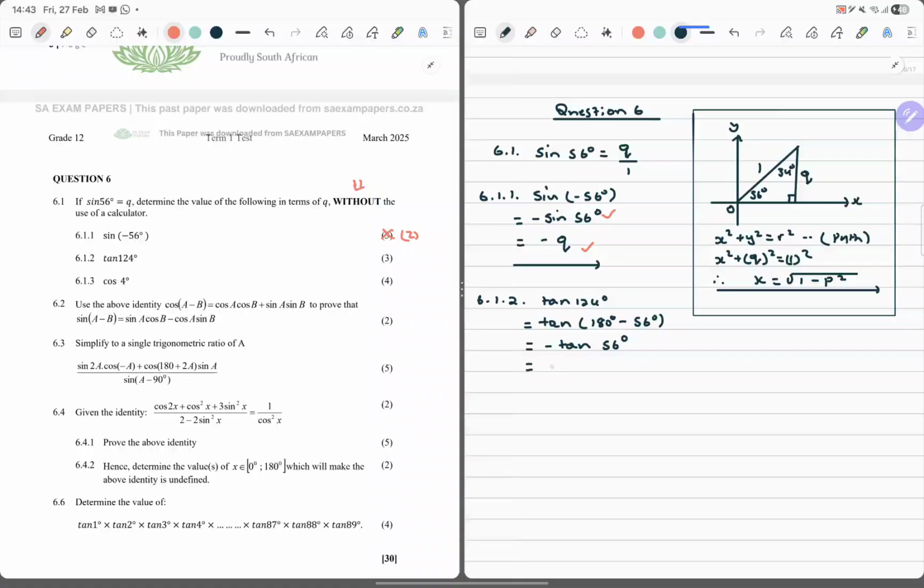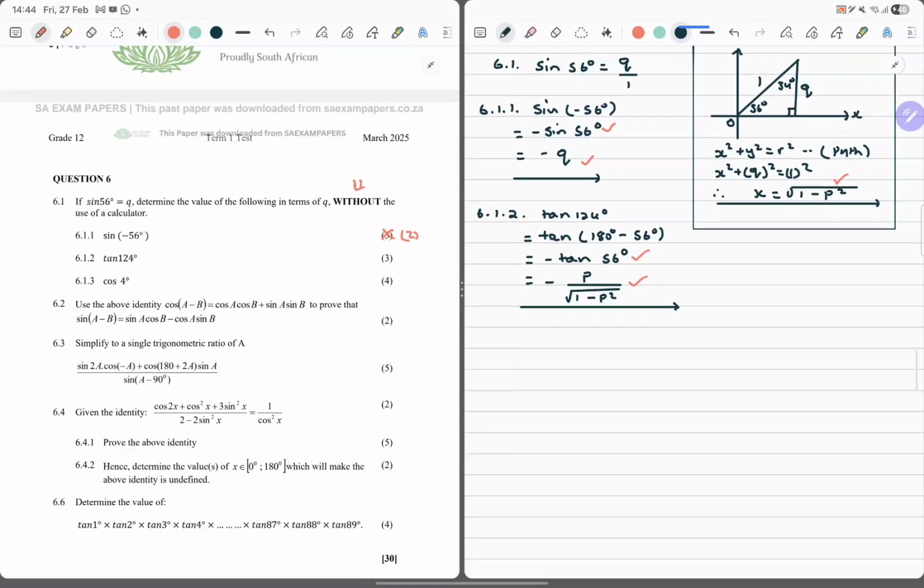So tan is opposite over adjacent, so it's going to be minus p over the square root of 1 minus p squared. Now in grade 12, we don't need to rationalize the denominator, but if you are in grade 11, you are not allowed to not rationalize. You have to rationalize. Right, folks, so this is good. And the mark for the x value because it wasn't given. So that's how we score the 3 marks for that question.